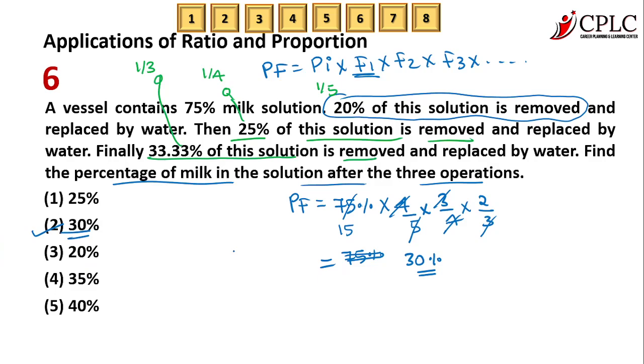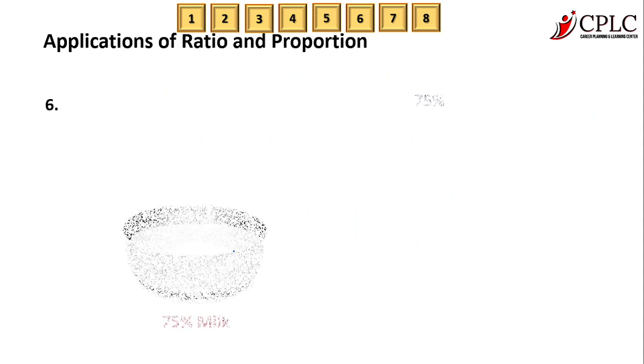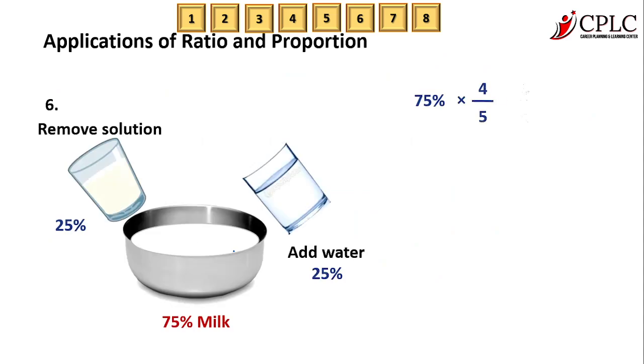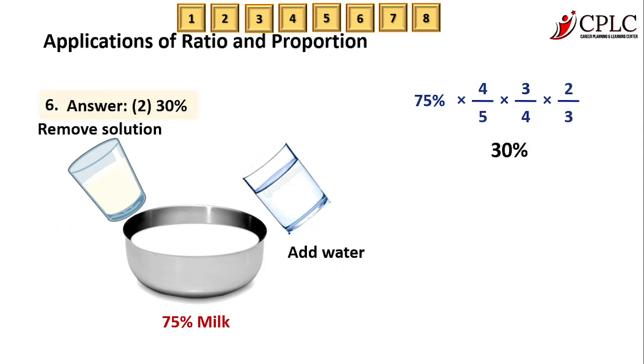So this is how you can use the wine left formula for the calculation. So whether you are removing different values or same values, the second formula is your go-to solution, and follow that every time, so that you don't miss out on the ideas.